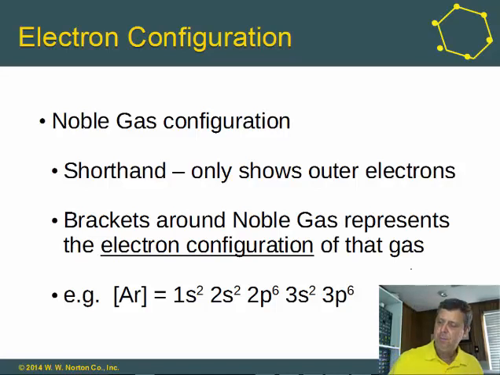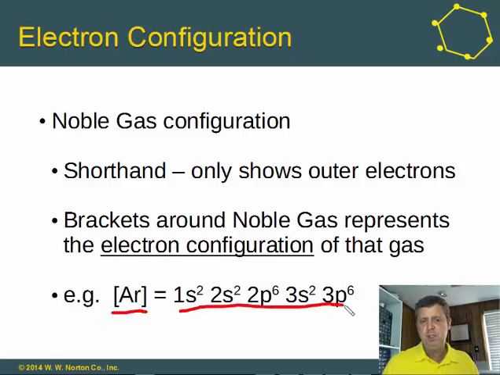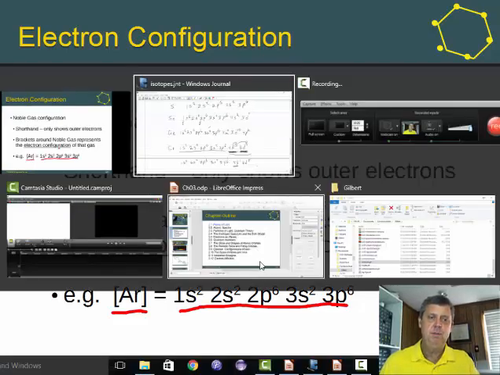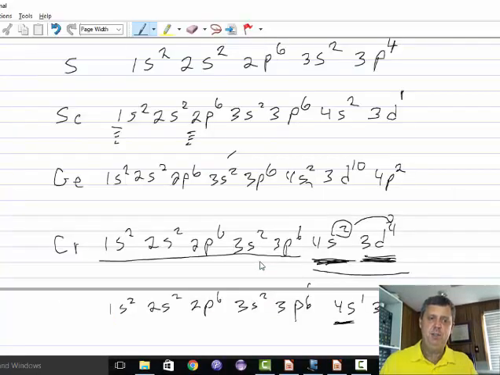So for example, brackets around argon, as we just said, represents 1s squared, 2s squared, 2p6, 3s squared, 3p6. This is the configuration for argon. Now, brackets around argon is not the same as argon. It just means I've got 18 electrons. So we can abbreviate these configurations as noble gas configuration.